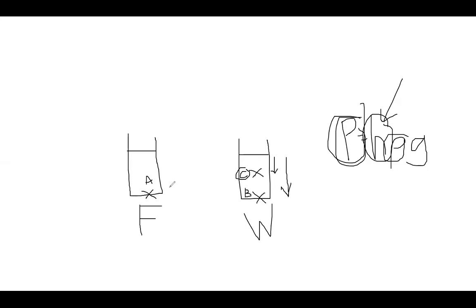Why are we comparing density? Because now the depth at A and B are the same. So we cannot compare the depth, we have to compare the density. Water has a smaller density, so this will be second. And then the largest will be point A because fruit juice has a larger density. So from lowest to highest pressure will be C, B, and then A.